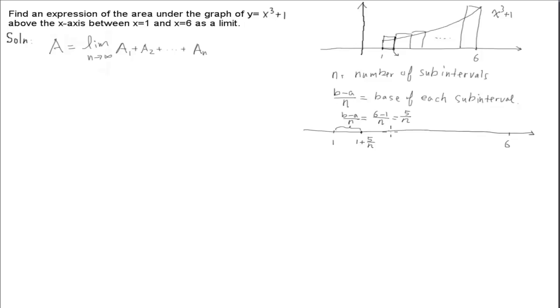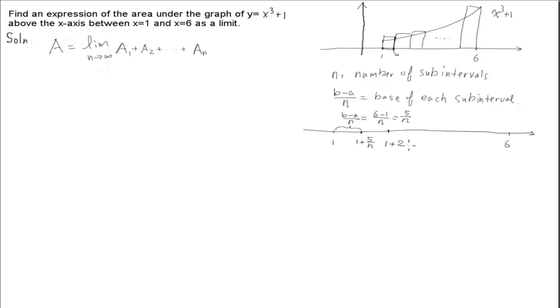If we keep going, the second one is going to be 1 plus twice 5 over n, because one segment is 5 over n, and the length of this one is again 5 over n.